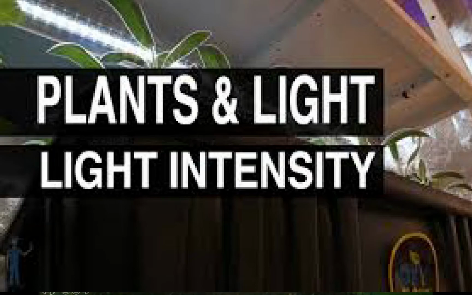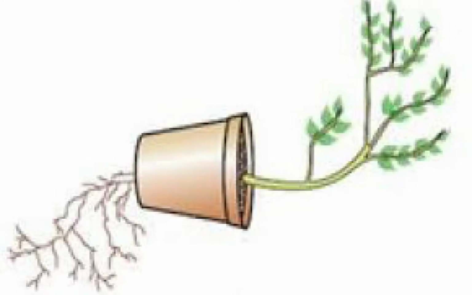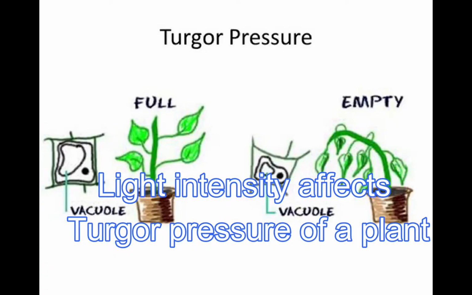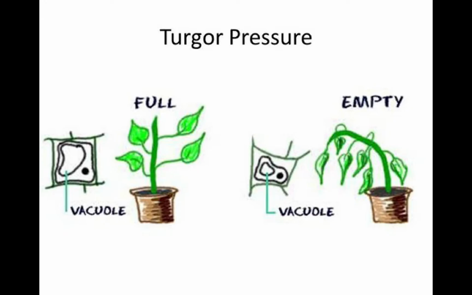Now, light intensity also affects the growth movements and the turgor of a plant. When I speak of turgor, what am I saying? Yes, if the light is too intense, if the plant is exposed to too much light, what can happen is that it can lose turgor pressure, right?